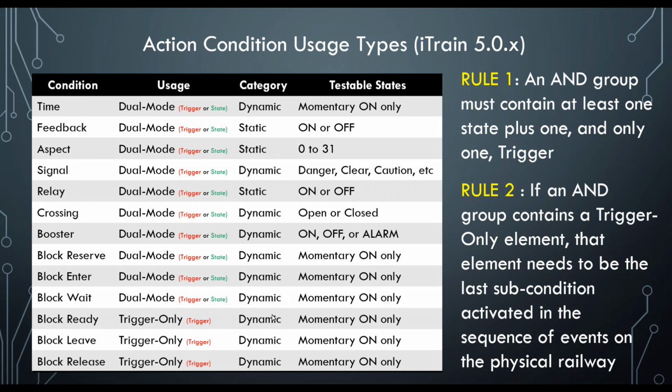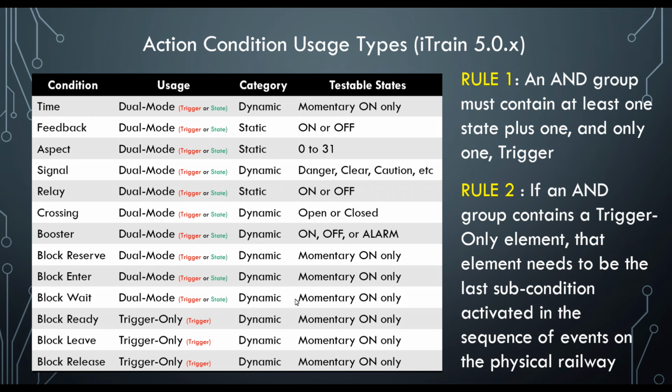Now, even though some of these may technically be static elements, I'm proposing that we treat them as dynamic, because it means their states are either momentary, moving to one state and then quickly back to another, or it means their states are difficult for us as users to visually determine, or there is something different about their operation.